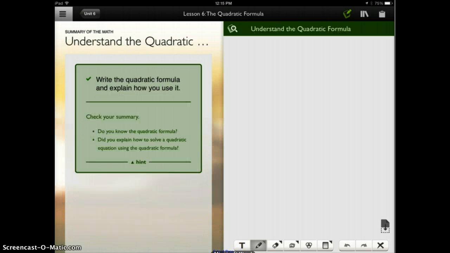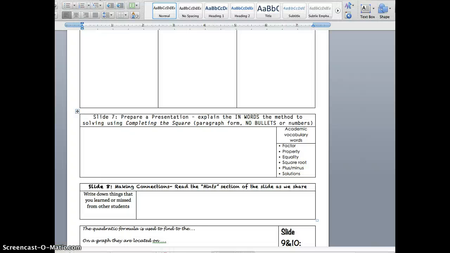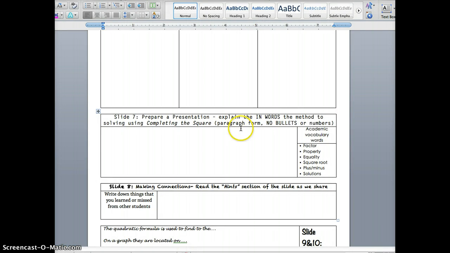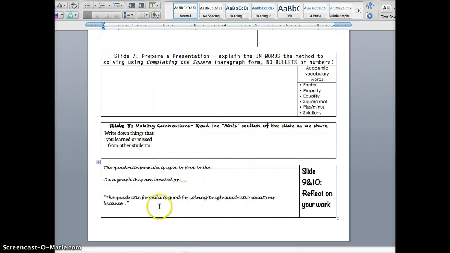And then slides 9 and 10 are all on the same page. So slides 8, 9, and 10 are the same thing. Slide 9 is going to be this first question right here. I might have changed it a little bit. And same thing with slide 10. Just finish this sentence.